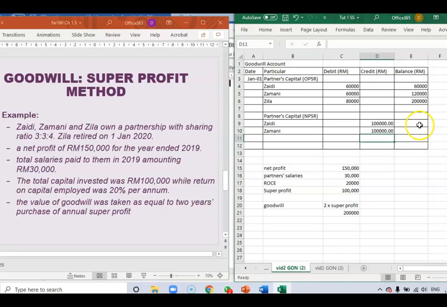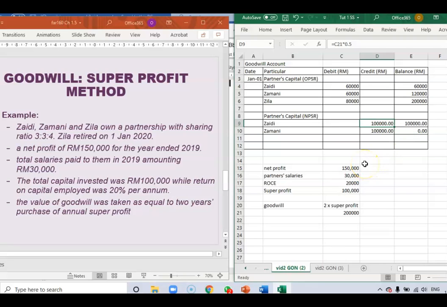So in the end, it should have a balance of 0. Later on, in the partner's capital statement, you will credit 60,000 for Zaidi, and then you will debit 100,000 because it's the dual entry rule.